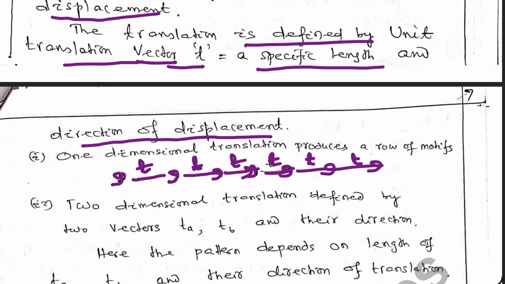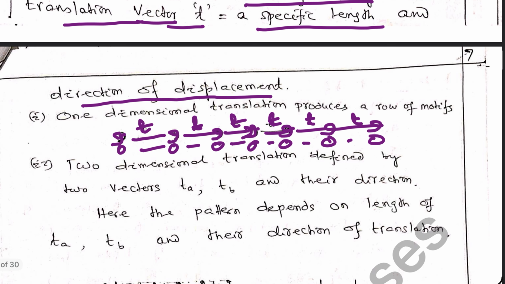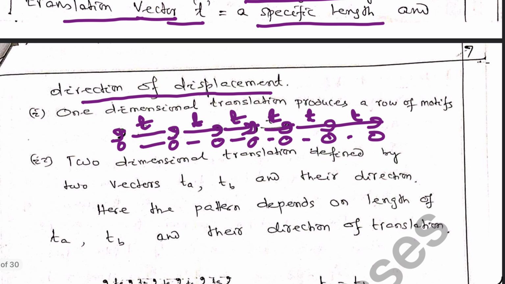This is called one-dimensional translation of the motifs, or we can say the atoms are arranged in this manner, with regular spacing in the atomic structure. This is a one-dimensional arrangement with translation of t units.